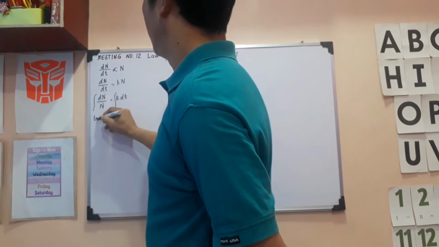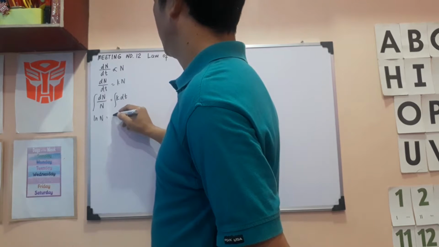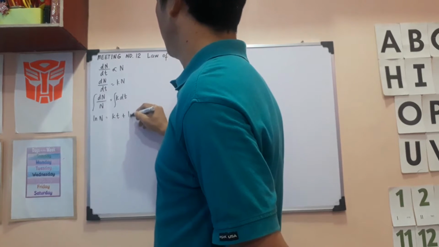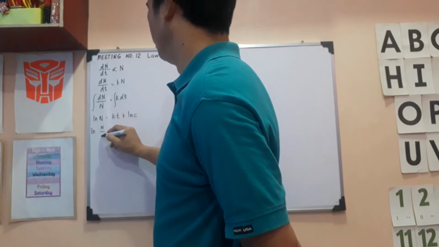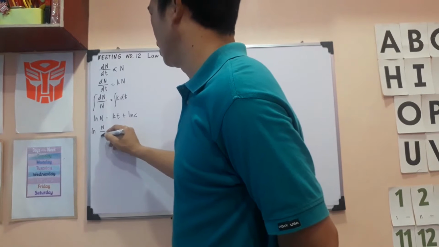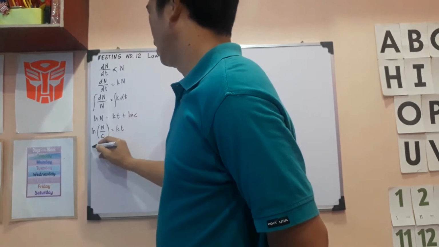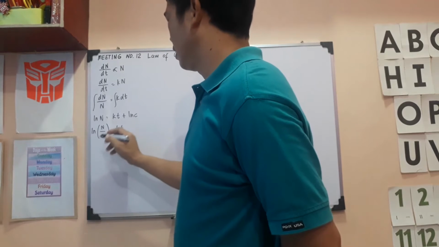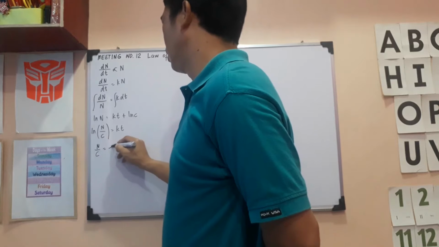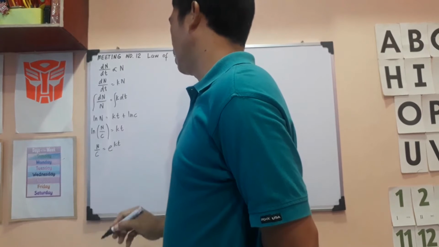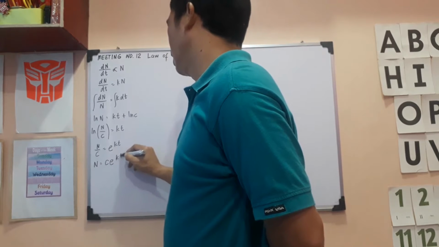So I have ln of N is equal to kt plus ln of C. So ln of big N all over C is equal to kt. And then we raise e to both sides: N over C is equal to e raised to kt. And N is equal to C e raised to kt.